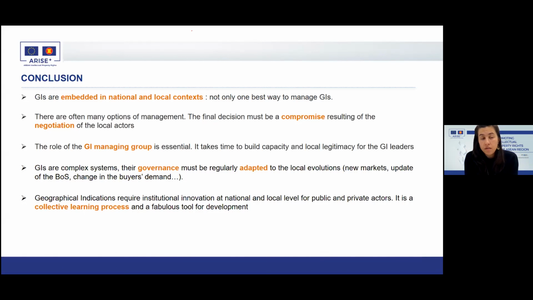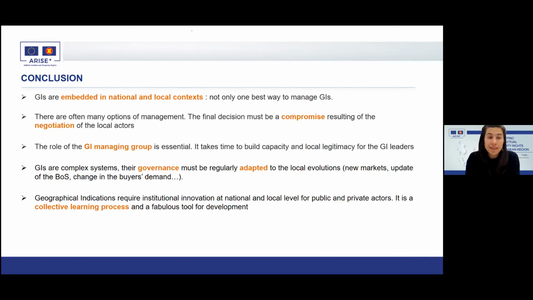There are always many options of management, and the final decision must be a compromise resulting from the negotiation of local actors. It would not be an agreement of everybody, it would be a compromise. The role of the GI managing group is essential, and it takes time to build capacity and local legitimacy for the local GI leaders.